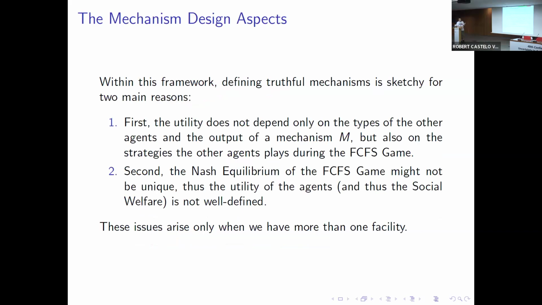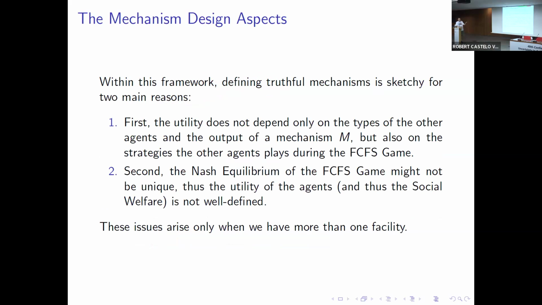So in order to do that, we need to solve two problems. First of all, we don't have a real definition of what a truthful mechanism is. And the second one is that the utility of the agent and also the social welfare, which is the sum of all the utilities, is not well defined. So you cannot really study the performance of the mechanism, because you want to define a mechanism and you want it to be as close as possible to the optimal outcome.